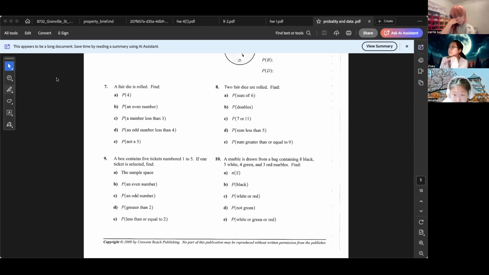Like the sum or like the numbers? The sum of the numbers. So like the sum 3 plus 4. Okay, thank you. Because if it's the numbers on the die, then that's impossible.